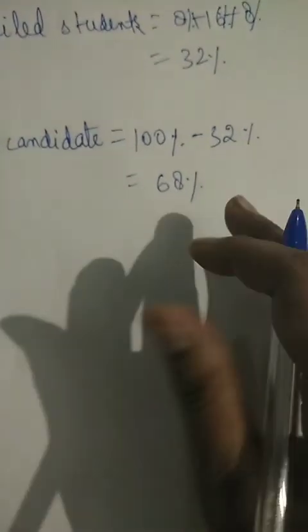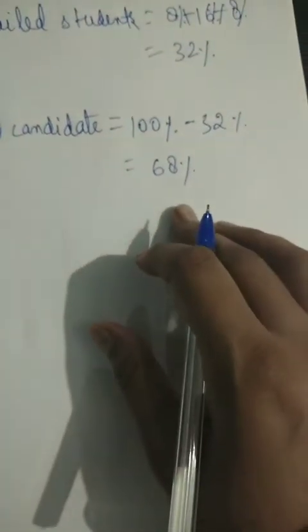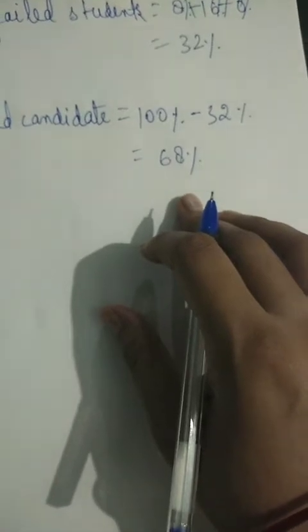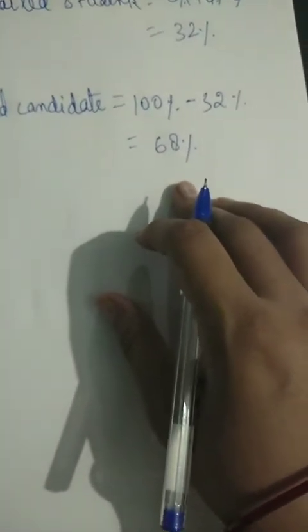Now 68% students have passed, and you have to find how many candidates had appeared in the test.